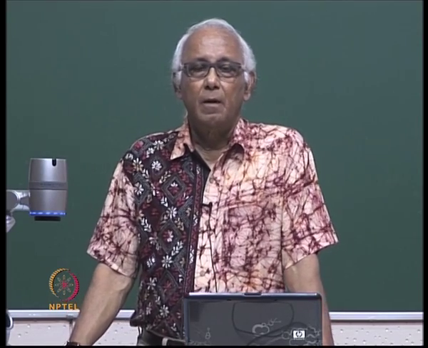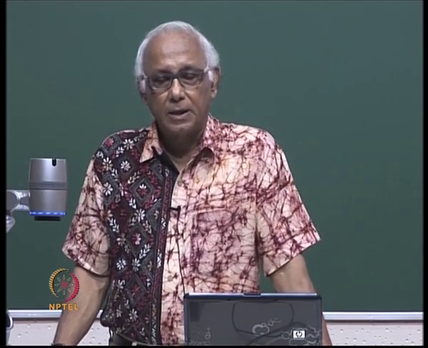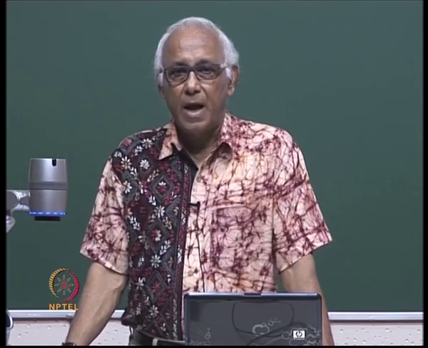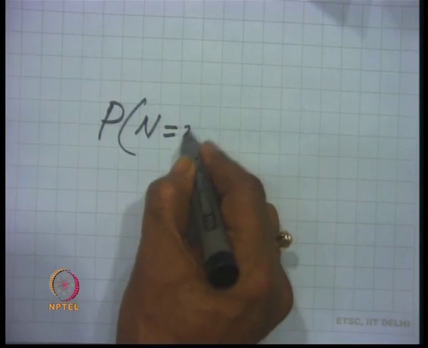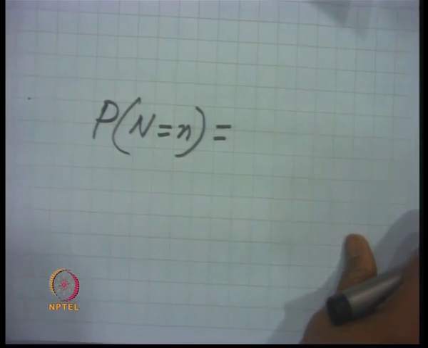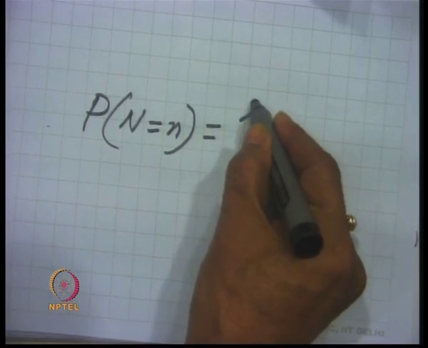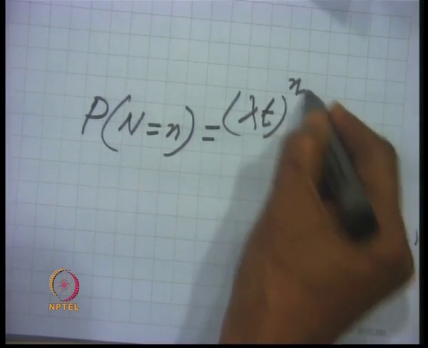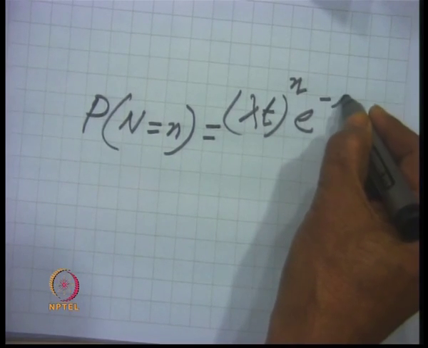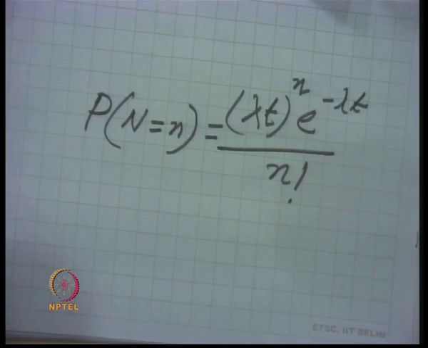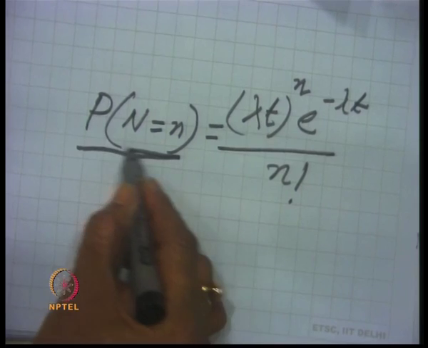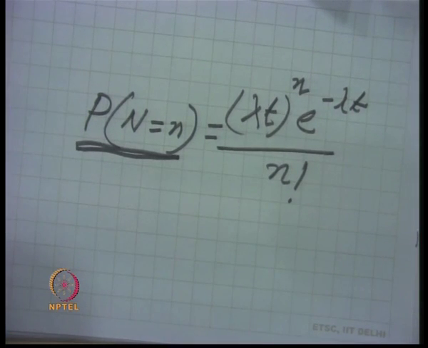The temporal distribution of the recurrence of an earthquake for some magnitude is given by the recurrence relationship of the PMF, that is, lambda t to the power n into e to the power minus lambda t divided by n factorial, where p n means the probability mass function, that is, the number of events occurring is equal to n.